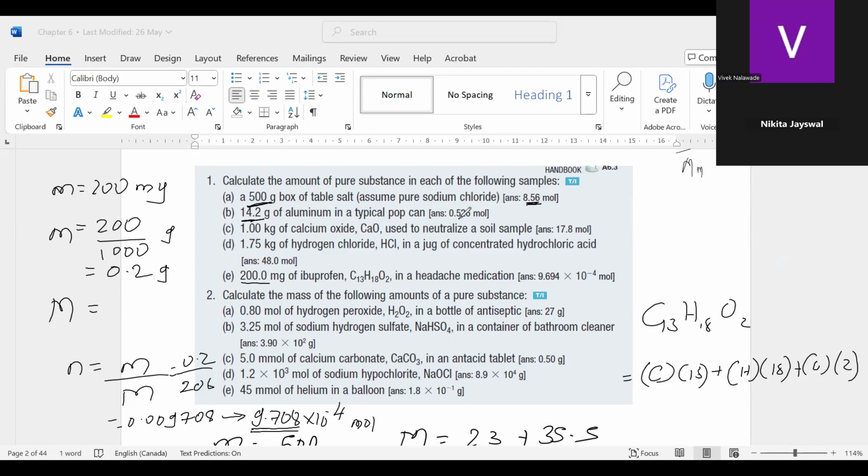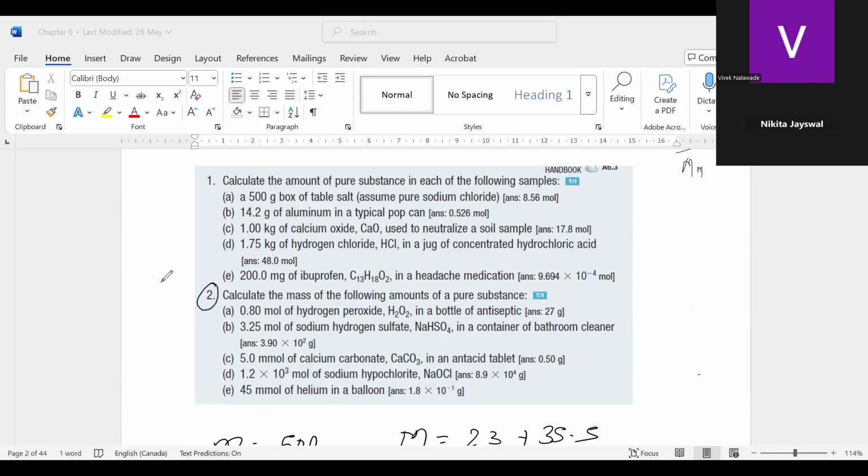But if you had written 0.009, it would have been only three significant figures. Anything before the decimal is not counted. So 9.708 into 10 raised to minus 4 has four significant figures. Okay, done.